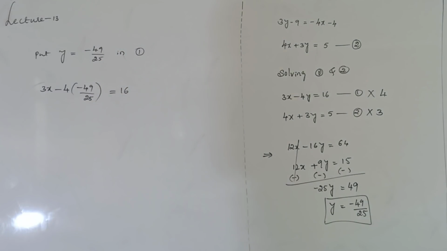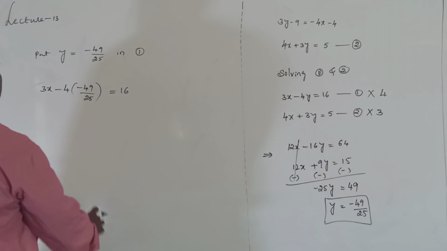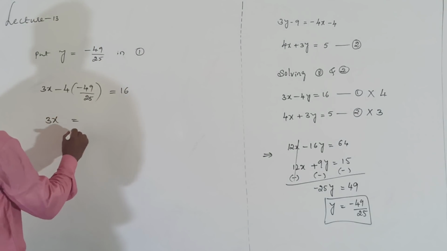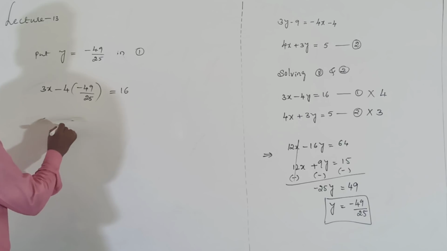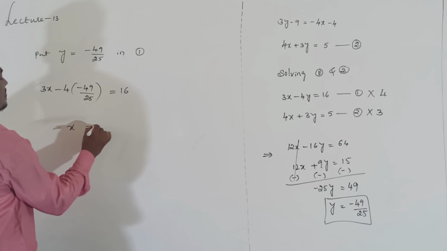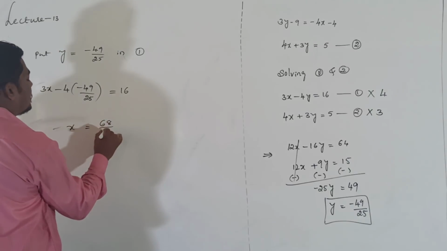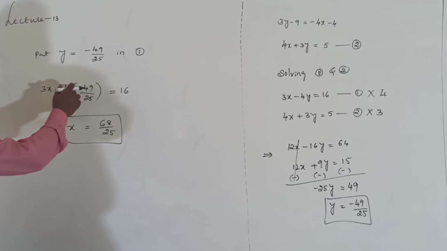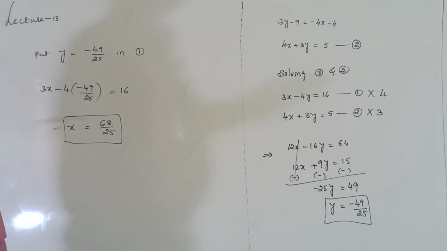Then the usual simplification. Then you get the x value, x equal to 68 divided by 25. Just simplification, usual multiplication and rearrangement.